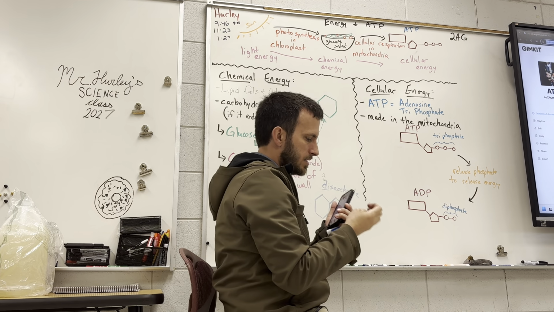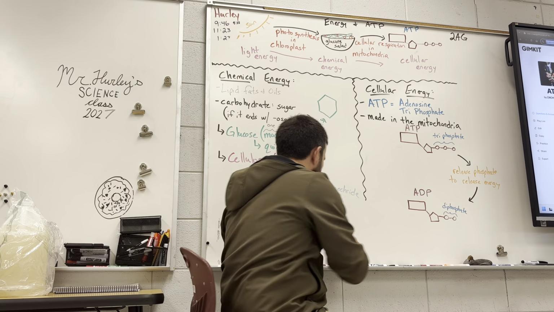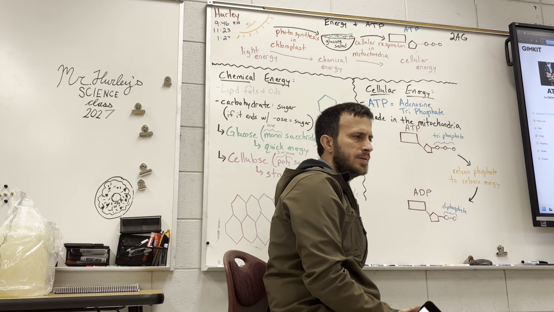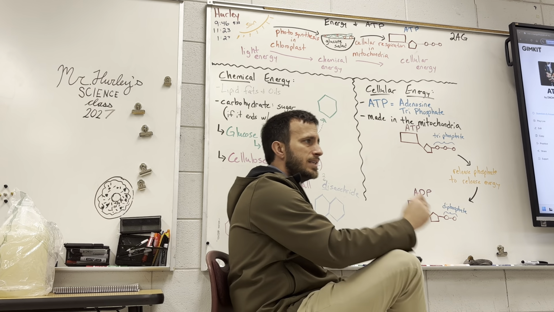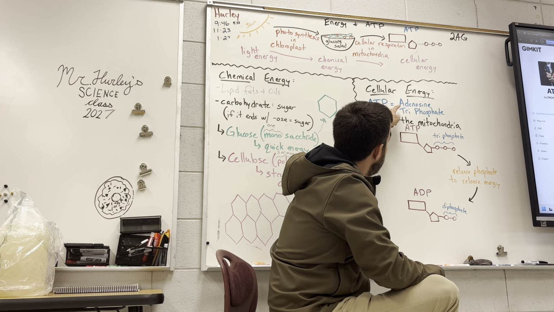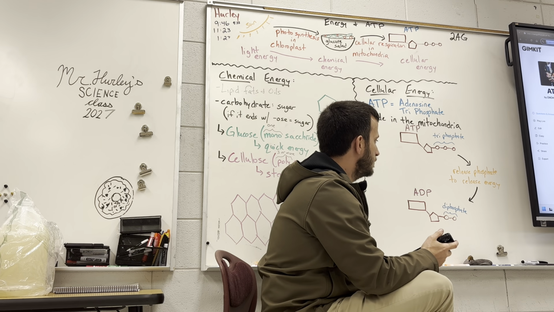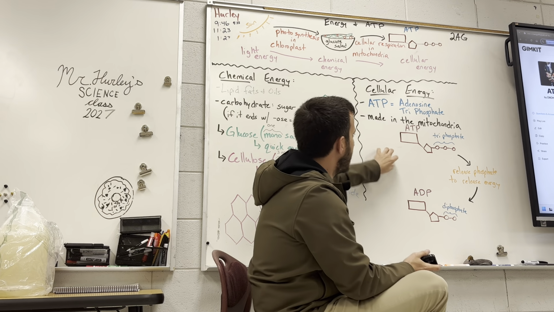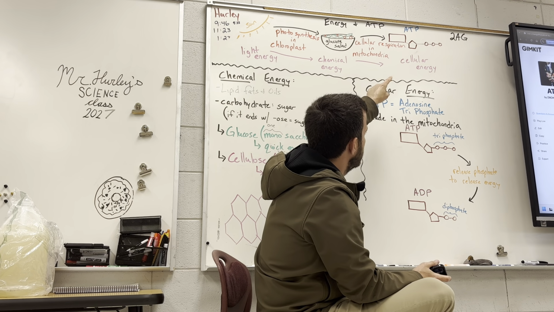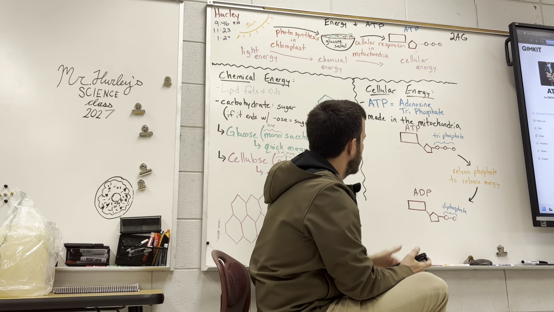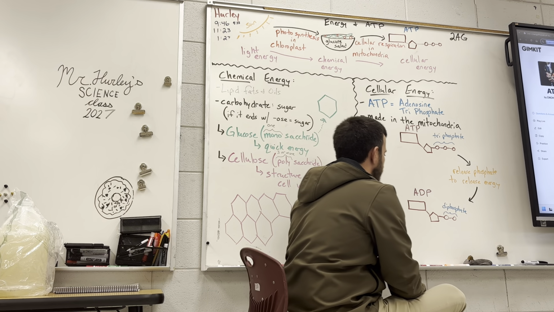Again, I'm not going to say on a test, tell me what ATP stands for. But if you see adenosine triphosphate, then you need to be able to tell me, oh yeah, that's ATP, and what that has to do with it. That is cellular energy, and it's made or recharged in the mitochondria.